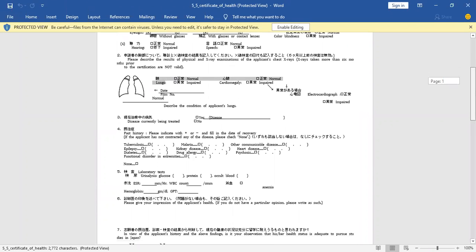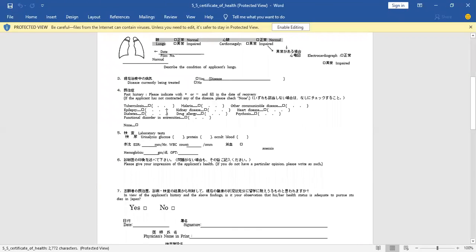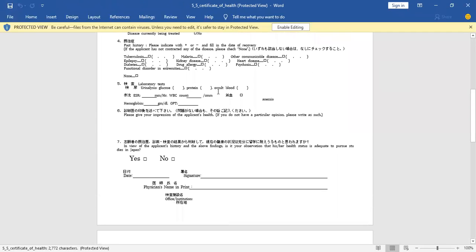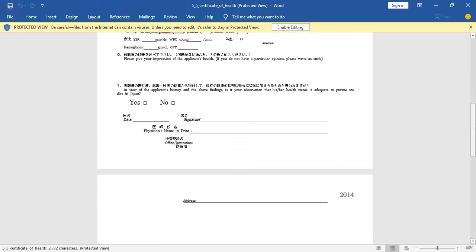There are checkups for different diseases like tuberculosis, epilepsy, diabetes, and the doctor will ask you different questions to say yes or no. And there are lab tests, where they will check your hemoglobin, ESR, occult blood, protein, whether there is glucose, diabetes, and there will be a recommendation from the hospital or the lab test that you are okay, or that this person has something, or I can recommend him.